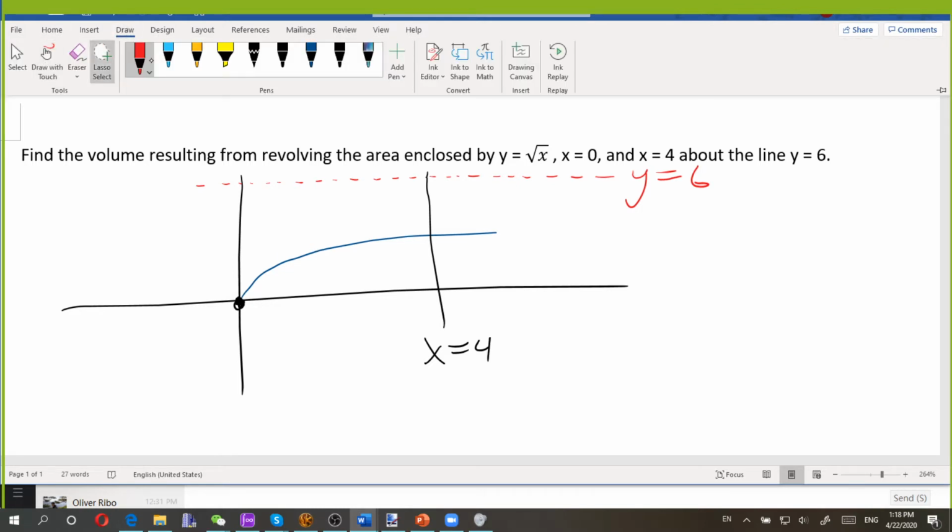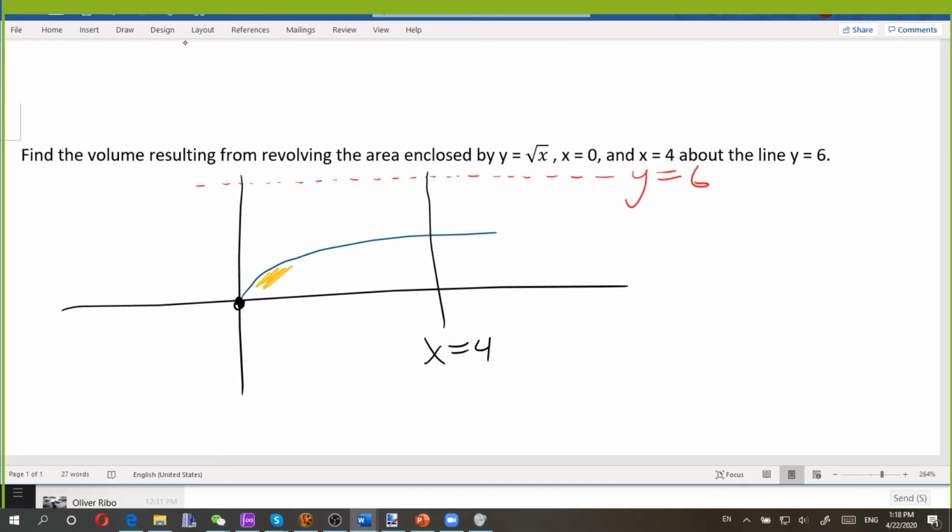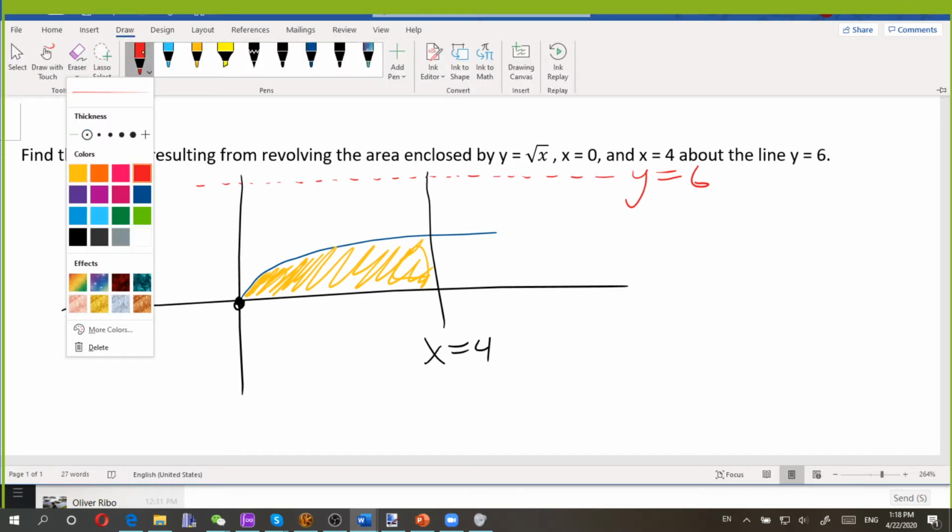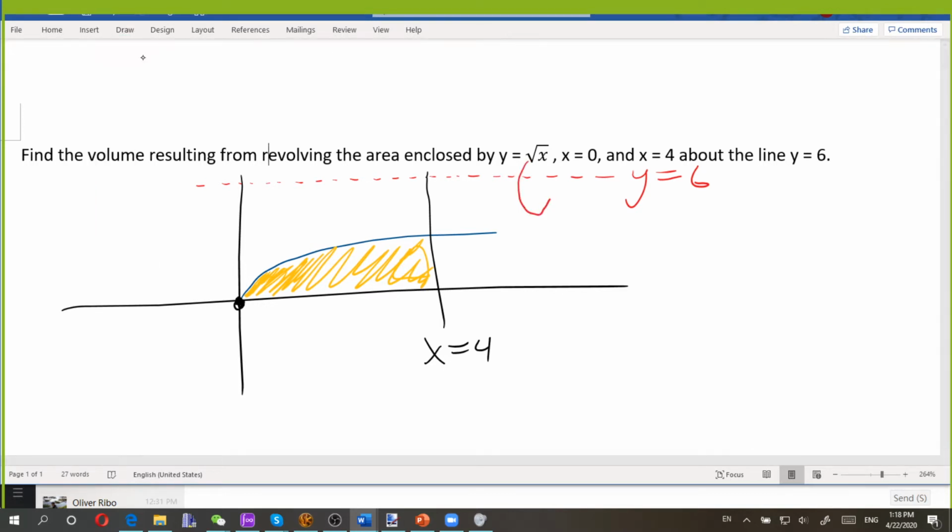I am going to take this two-dimensional area here and spin it about this line so that will create a three-dimensional shape.